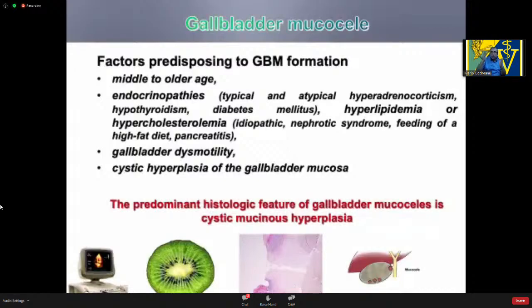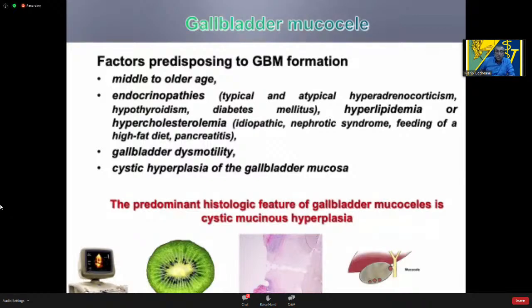It can also be registered in association with many changes of lipid metabolism, in cases of hyperlipidemia and hypercholesterolemia. But please notice that this hyperlipidemia and hypercholesterolemia are registered in all cases of Cushing syndrome.